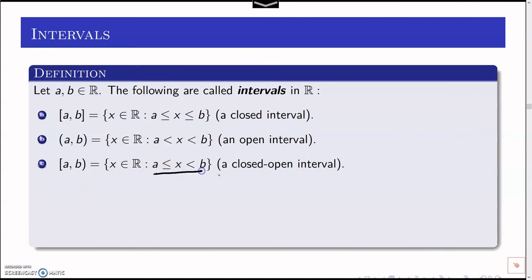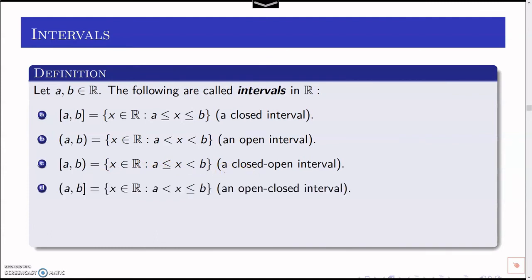So this is closed open interval. In the same way, we have open closed interval. In this, on the left hand side, I have open, and on the right hand side, it is closed. So all the real numbers which are strictly greater than a and which are less than or equal to b. This is called open closed interval.